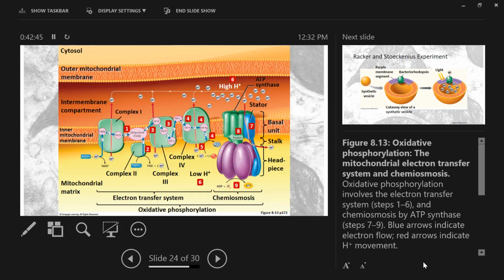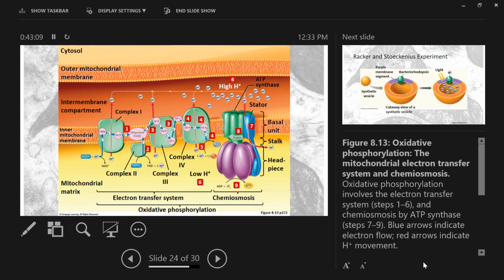This is a nice diagram showing you a more realistic picture of what the electron transport chain or oxidative phosphorylation looks like. Here's a proton pump, proton pump, proton pump. Okay. The electrons from NADH come here, which allows us to pump some additional hydrogen ions.